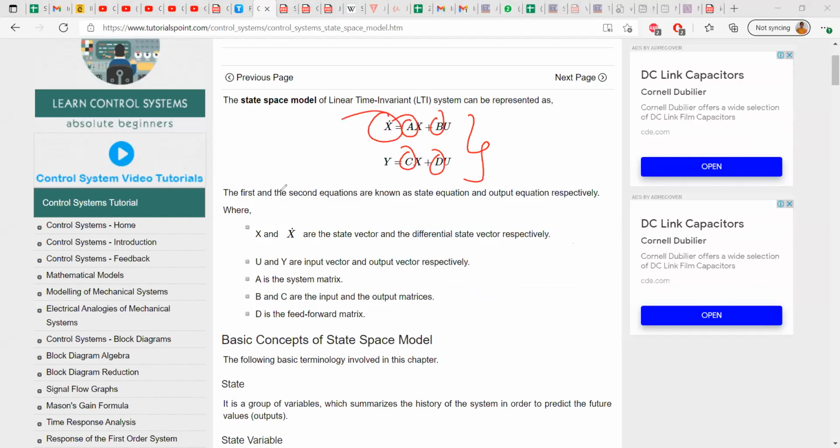X is the state vector, x dot is the differential state vector, Y is the output vector, U is the input vector. So this is the standard representation. Then we'll discuss the terms we use frequently in the state space model.